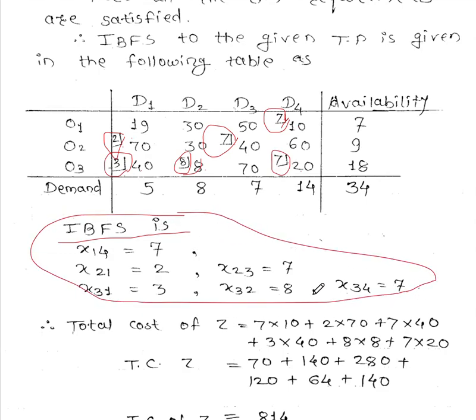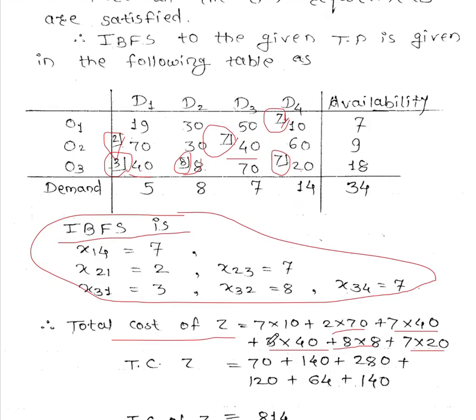Now finally we will find the total cost of the given transportation table. The total cost is 7 into 10 plus 2 into 70 plus 7 into 40 plus 3 into 40 plus 8 into 8 plus 7 into 20.